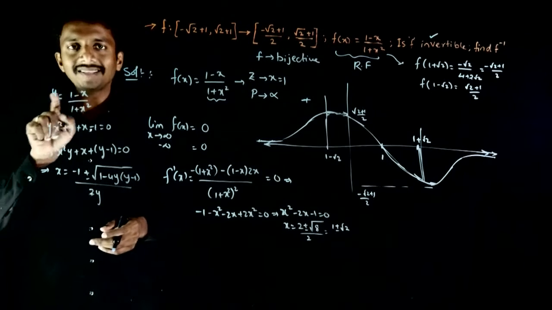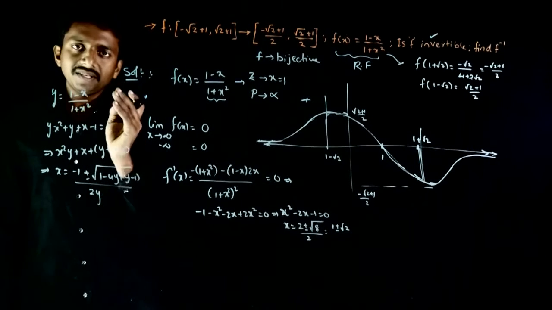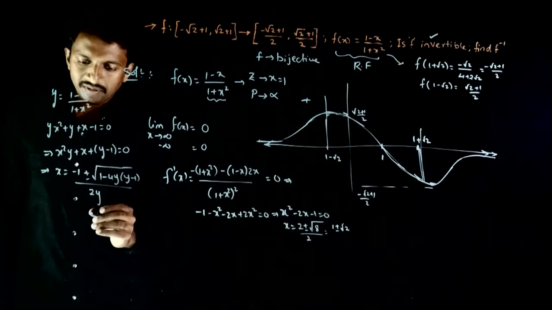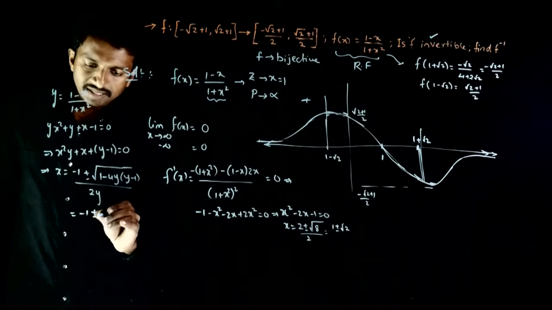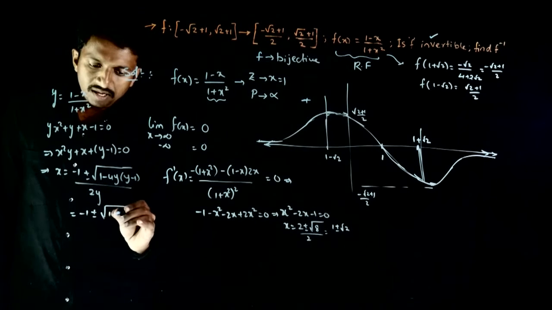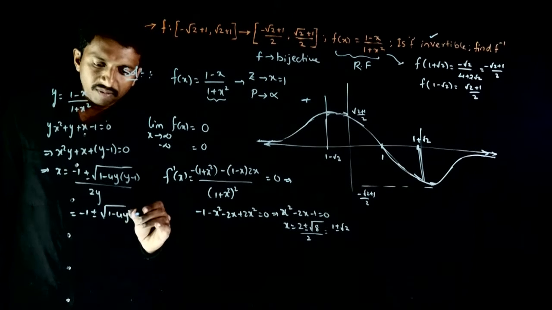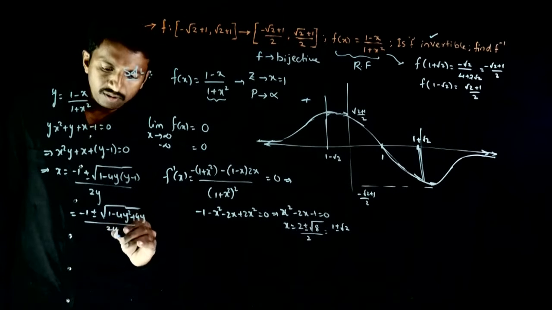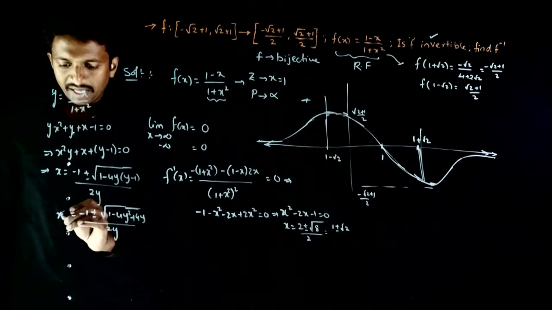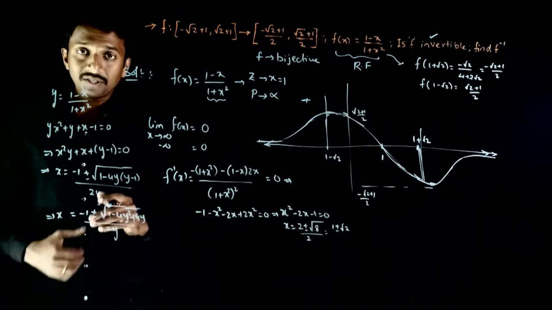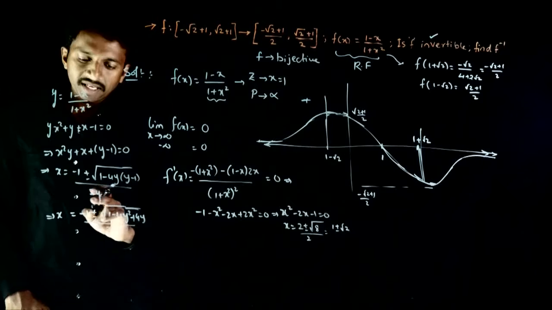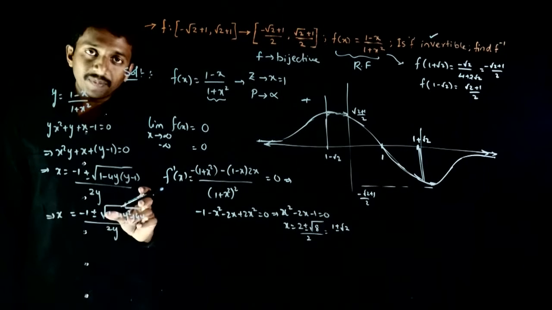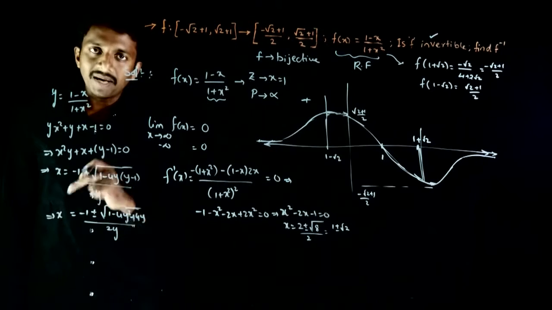See, अगर y is some function of x है तो if I convert this into x is some function of y, this is nothing but f inverse, that is equal to minus 1 plus or minus root of 1 minus 4y square plus 4y by 2y. So this is my x. But it's not the final answer because इसमें minus 1 plus or minus, you have two functions. So आपको डिसाइड करना है कौन सा सही है, प्लस सही है क्या माइनस सही है.